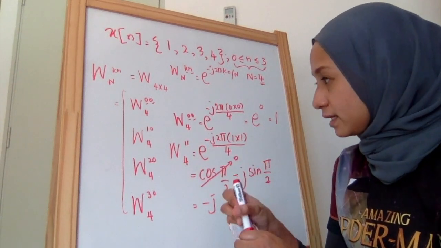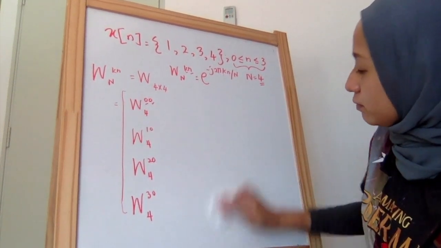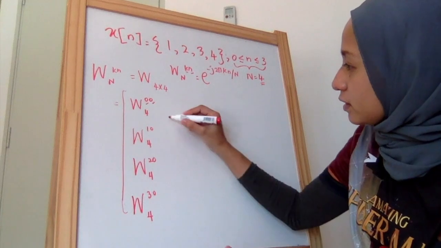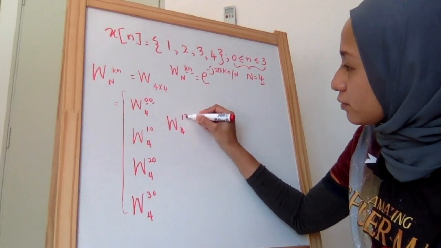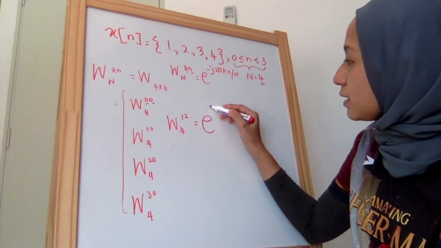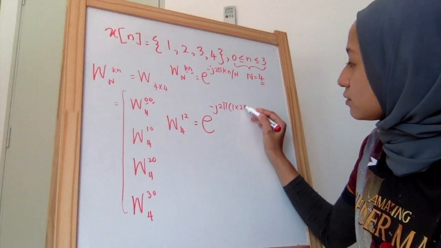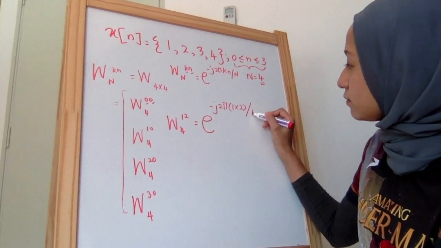So what happens if you have W412? Same thing. You have to use exponent minus j 2 pi 1 times 2 over 4.